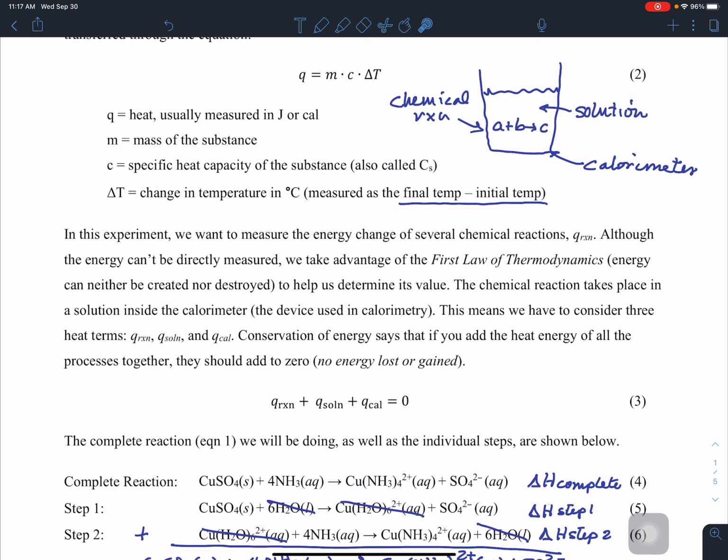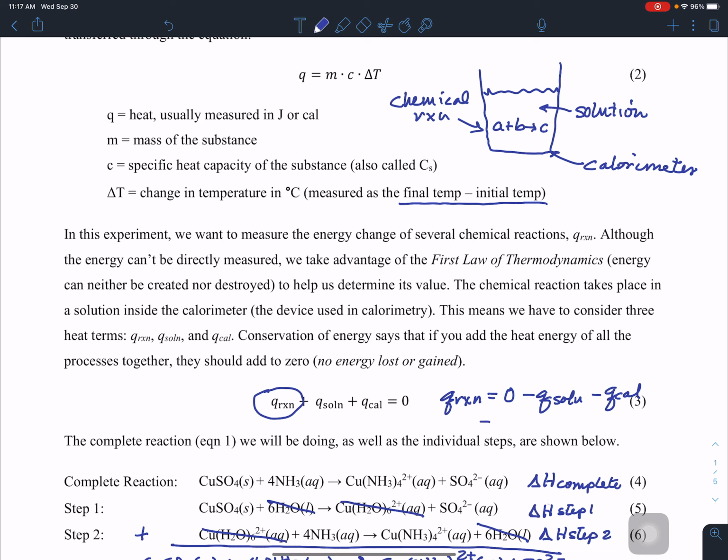And so the math here is so simple that it becomes difficult because you overthink it. If we want to solve for Q reaction, I'm just going to rearrange this equation. Q reaction is going to equal 0 minus Q solution minus Q calorimeter.